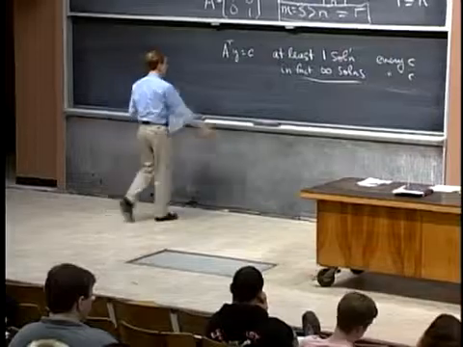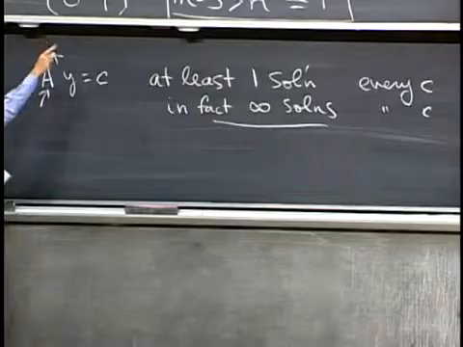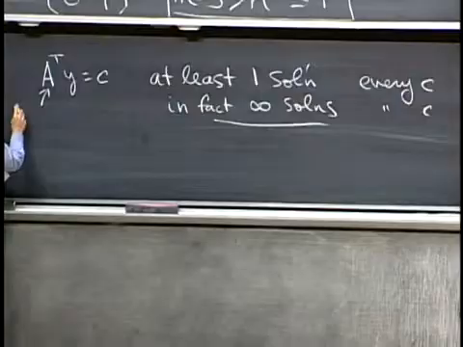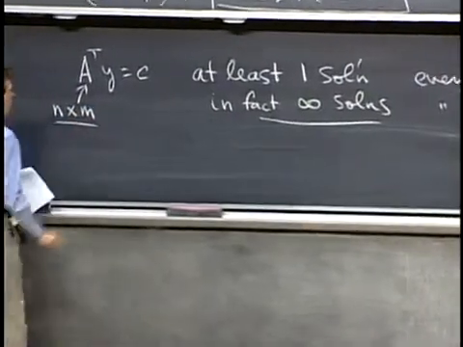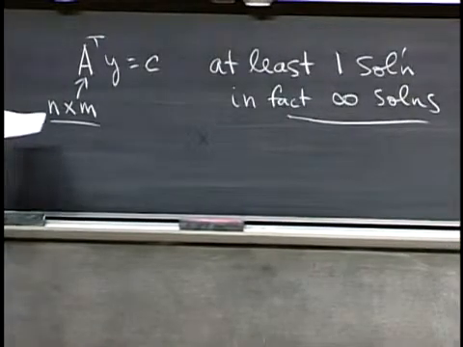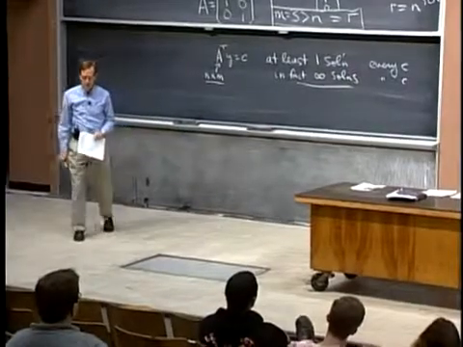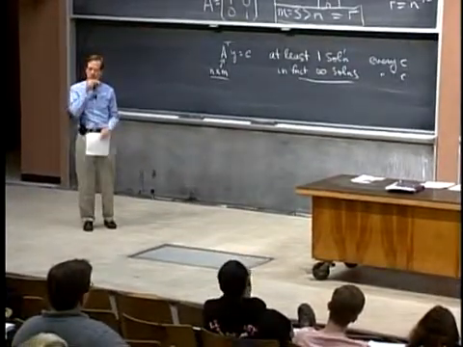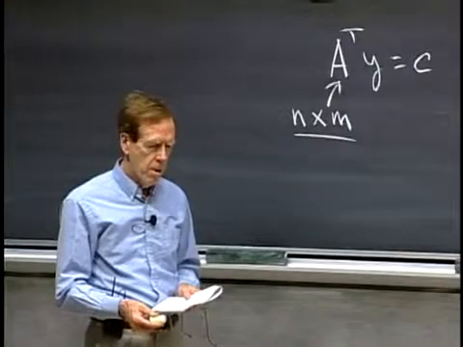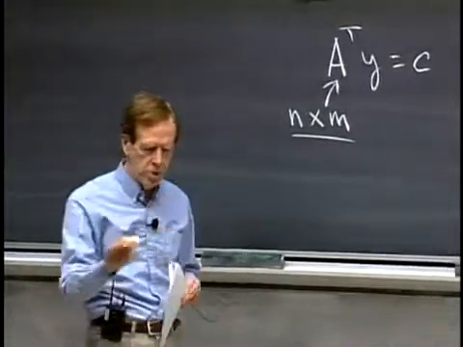When I have a system of equations, this matrix A transpose is now, instead of being 3 by n, it's n by 3. It's n by m, of course. To show that a system has at least one solution, when is the system always solvable? When it has full row rank, when the rows are independent.